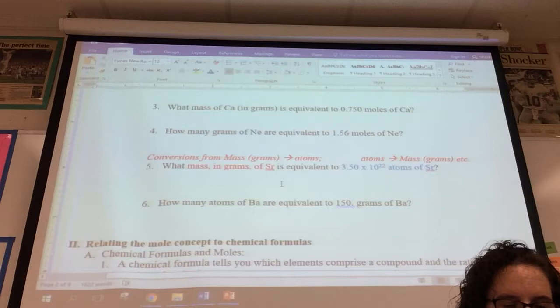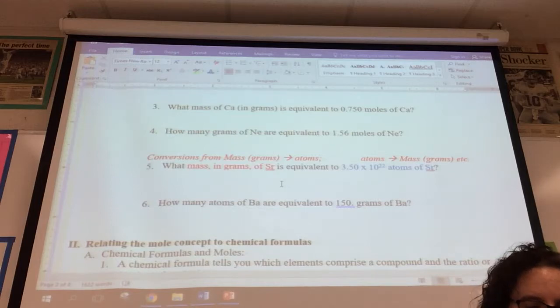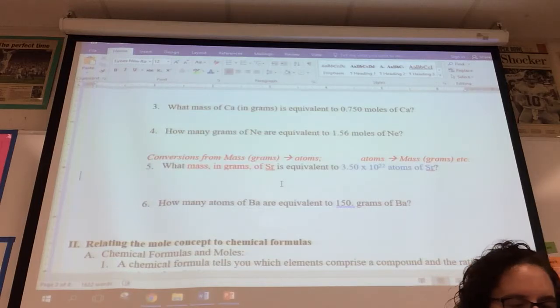These types of problems are multi-step problems, and I very often will write sideways on the page because it's going to be multiple steps and it may be easier to follow.